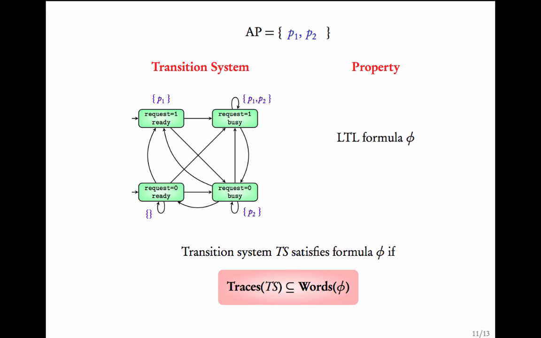Now you can go through the mutual exclusion example that we saw before. Essentially what we were checking is the traces of the transition system are contained inside the words of the LTL formula that we give. Essentially, when we were doing our model checking with NuSMV, we gave a transition system, and then if you remember, we gave check LTL spec and we gave an LTL formula.